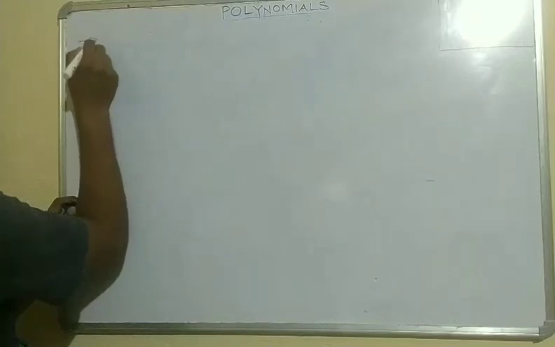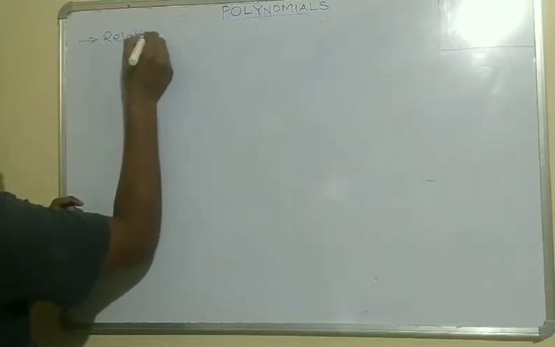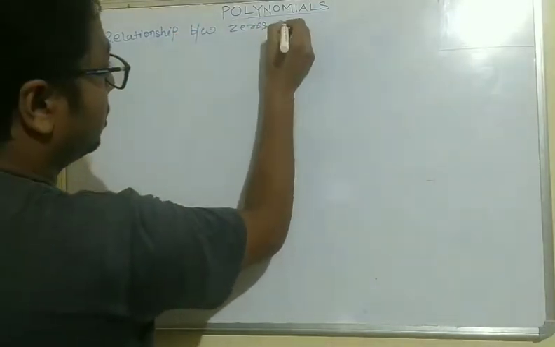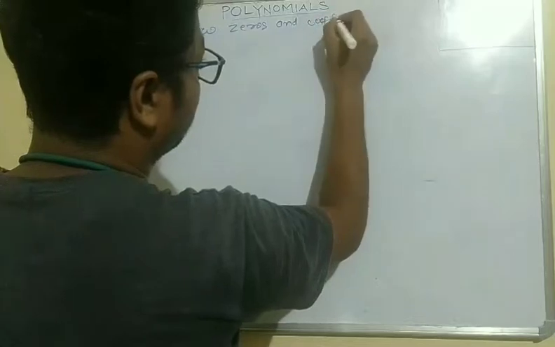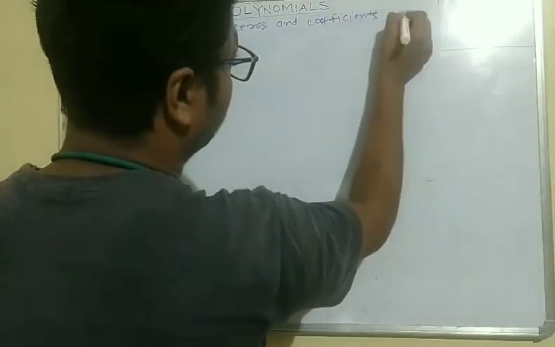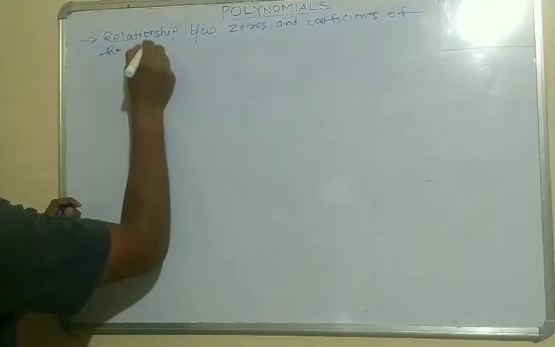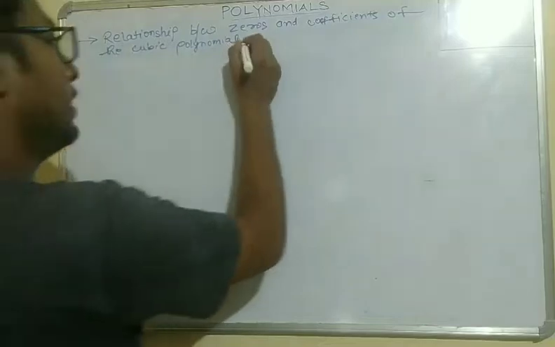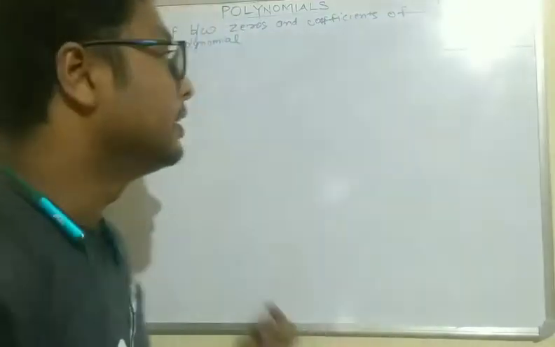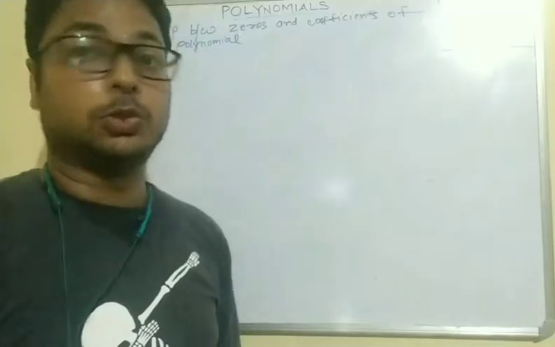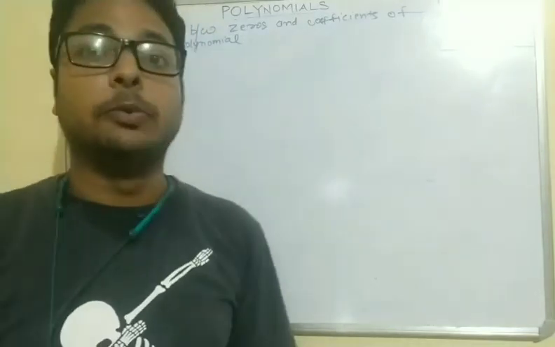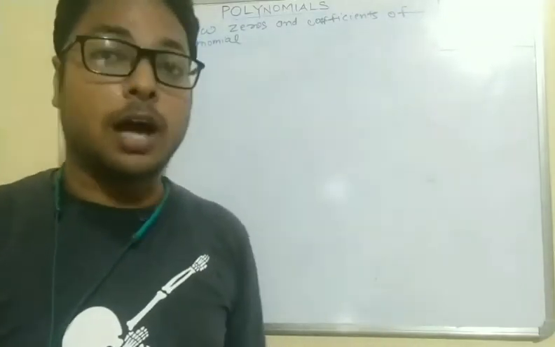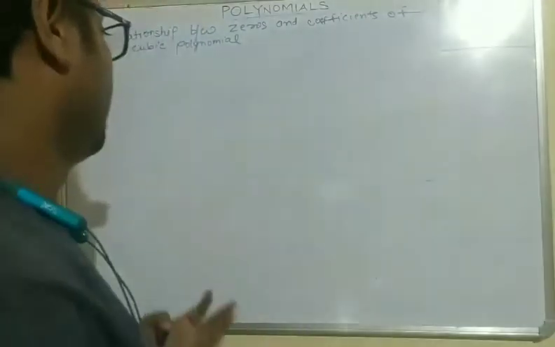Here the degree will be 3, so the value of x, the zeros, will be 3 results: x equal to alpha, beta and gamma, and we will get some result.